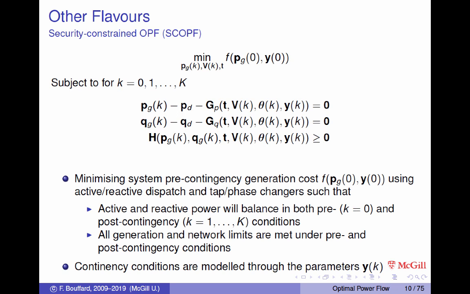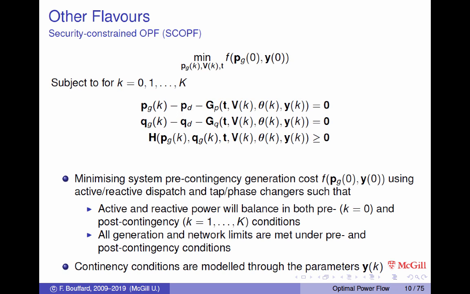Then k equal to 1 represents the number one degraded scenario of the power system, 2 would be another scenario, etc., all the way up to the Kth degraded scenario. And they don't necessarily need to be power system degradations. You could also look at these as being load or wind power scenarios.